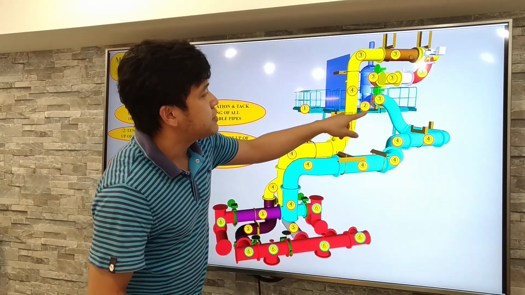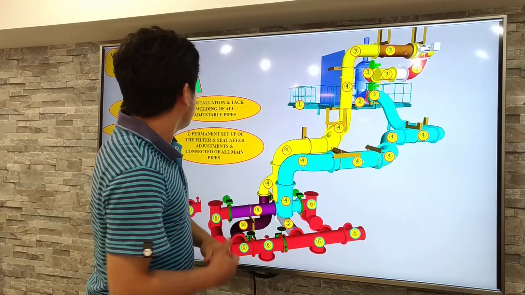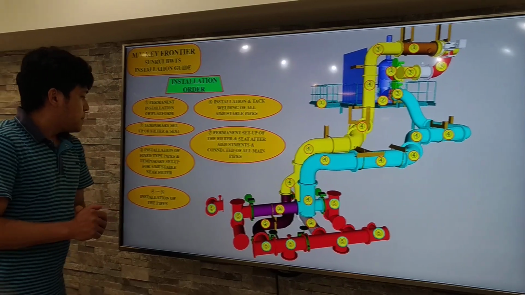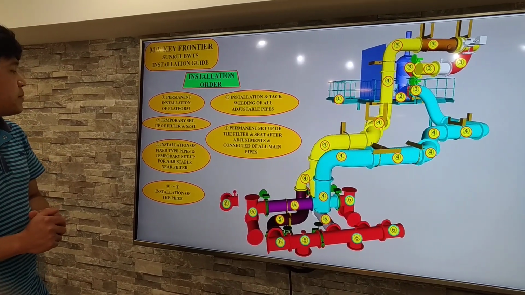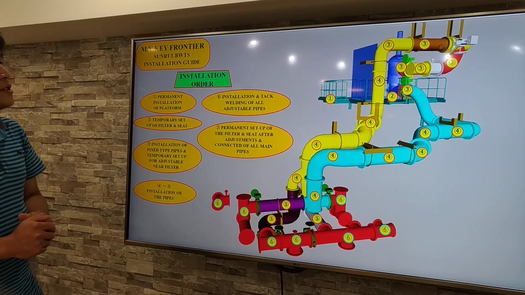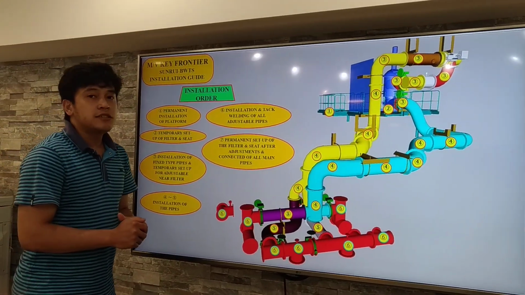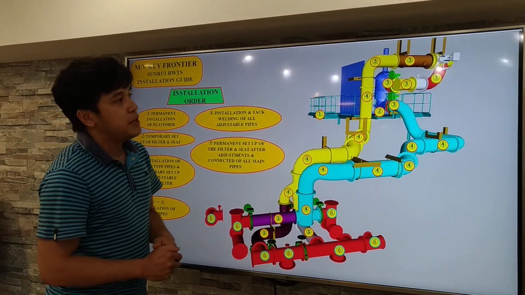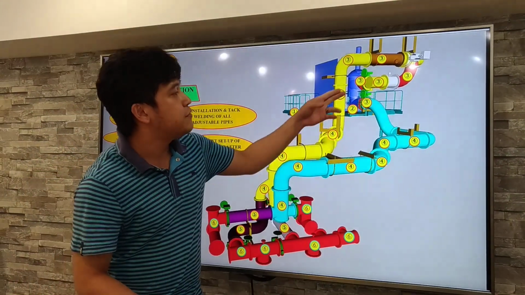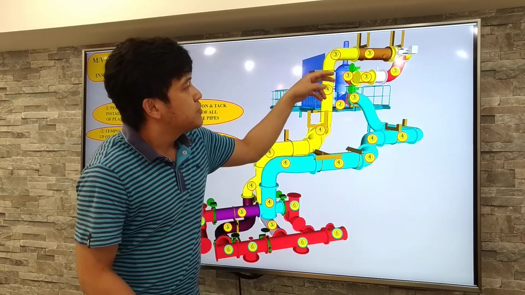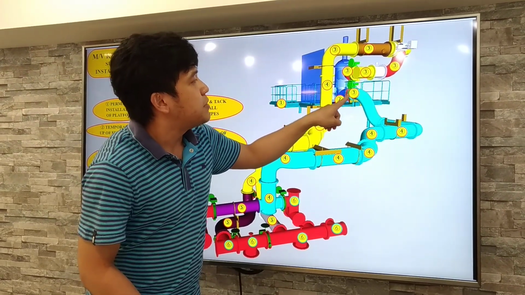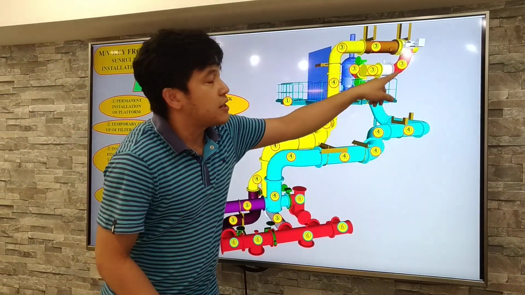So we have the filter seat and the filter. Next is the installation of the fixed type pipes and temporary setup for the adjustable pipes near the filter. So we have here the filter and the pipes near it. We have these adjustable pipes, temporary setup only.